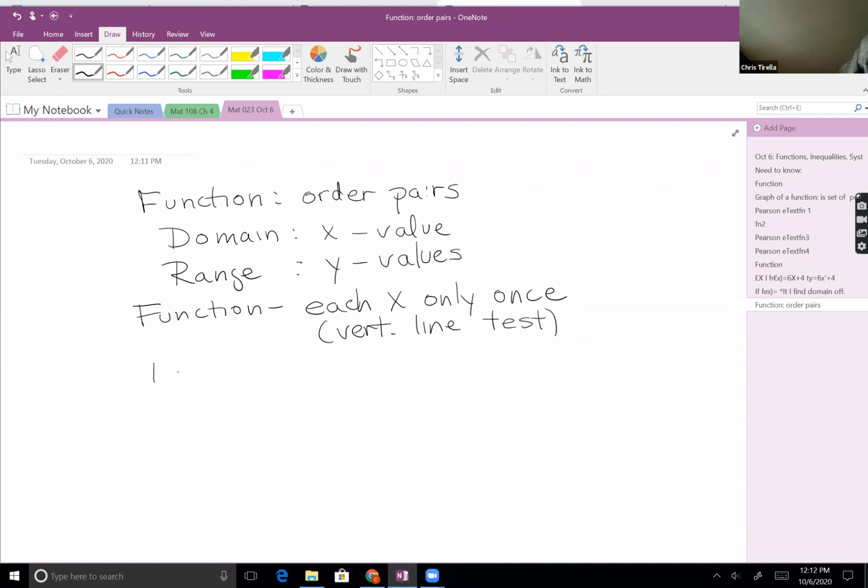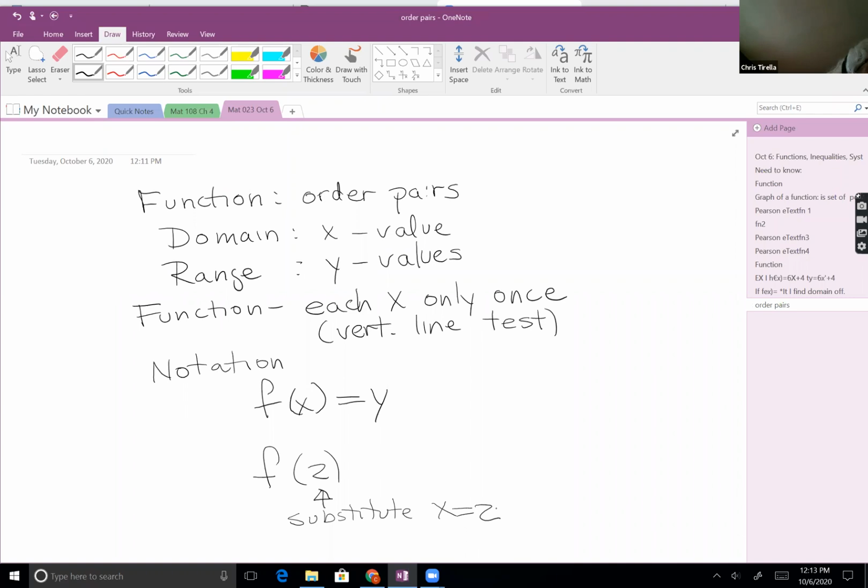And then when I look at function notation, f of x is just a fancy way of writing y. And if I have f of some number, what happens is it means that we're going to substitute that number for x. And that's what's most important, that you get away from functions.